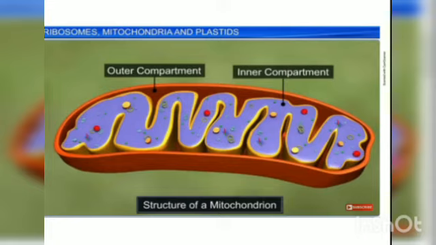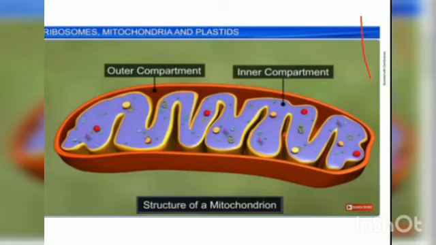Look at here, the yellow color layer is your inner membrane and the brown color layer is your outer membrane. So they form two compartments, one is the outer compartment and the other is the inner compartment.